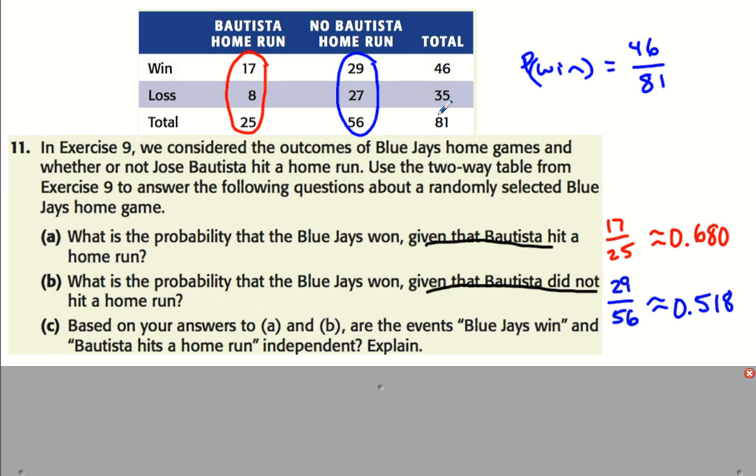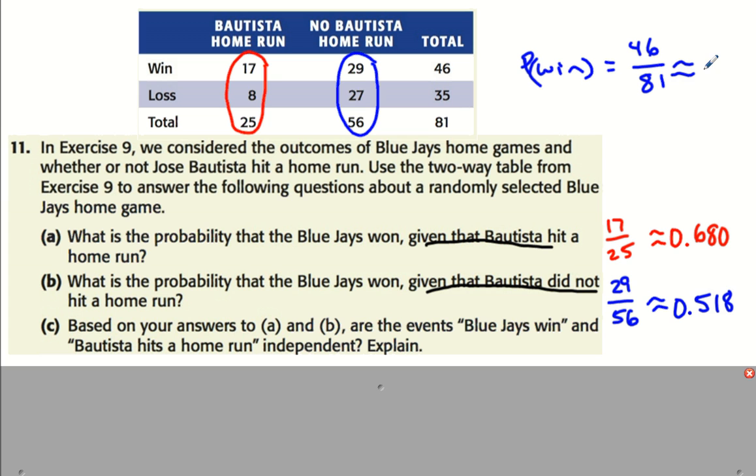That's this column right here. On the calculator, 46 divided by 81 is approximately 0.568.